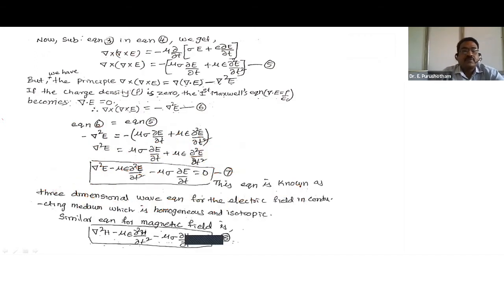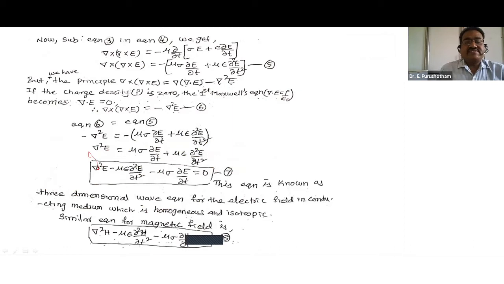You see, equation 6 is equal to equation 5. Equation 6 has the substitution minus del square E, so equation 5 has the substitution. So this minus minus gets cancelled. So del square E is equal to mu sigma dou E by dou t plus mu epsilon dou square E by dou t square.